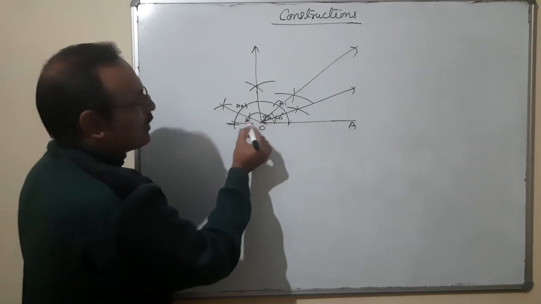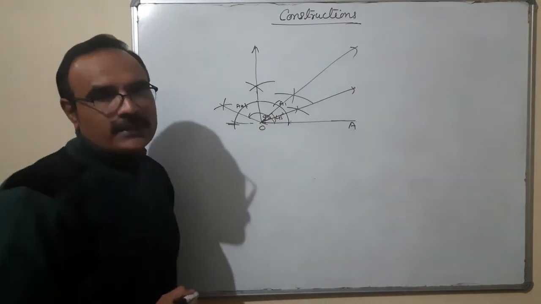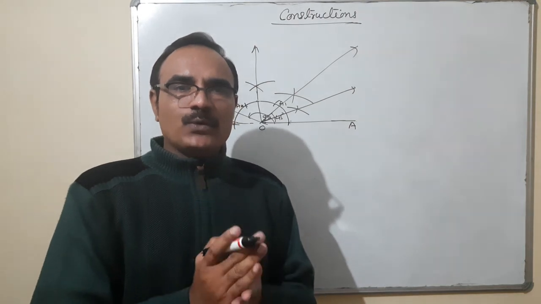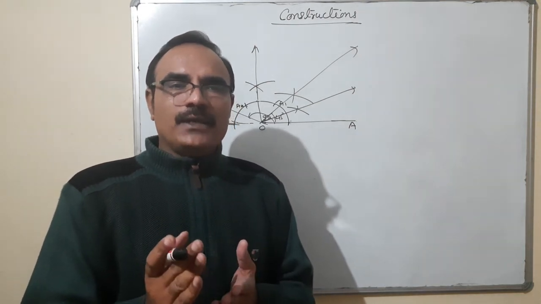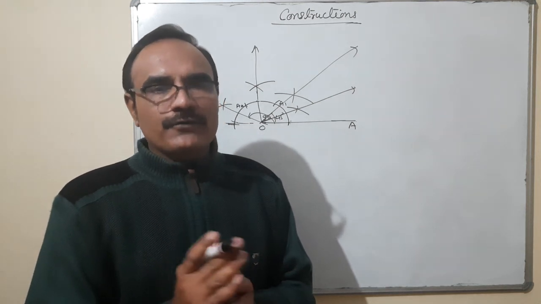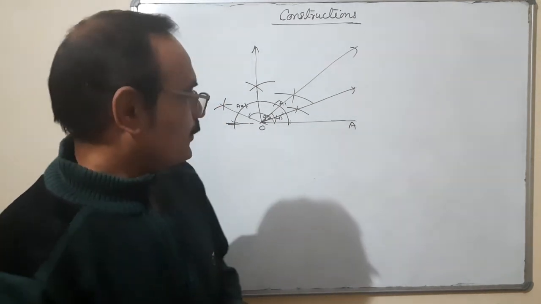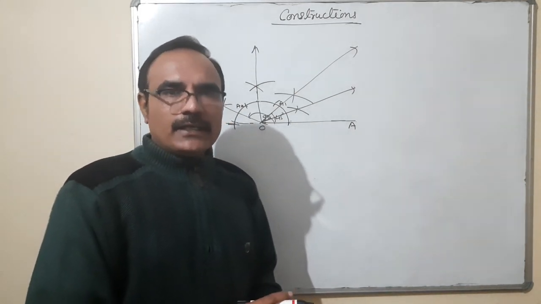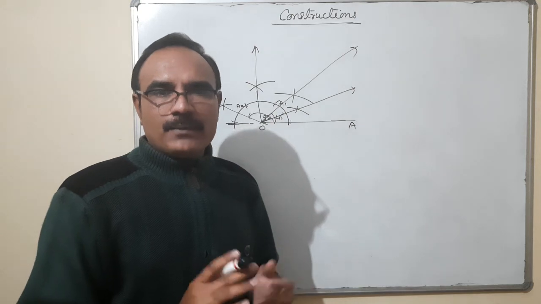This angle will be an angle of 150 degree. So with the help of a pair of compass, you can draw many angles like 60, 120, 150, 30, 45, 90, 22.5 and many more. Okay. So that is the procedure by which you can draw angles with the help of a pair of compass.